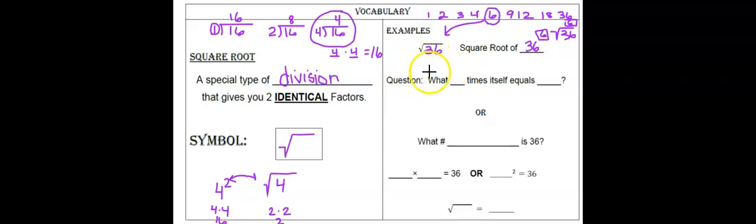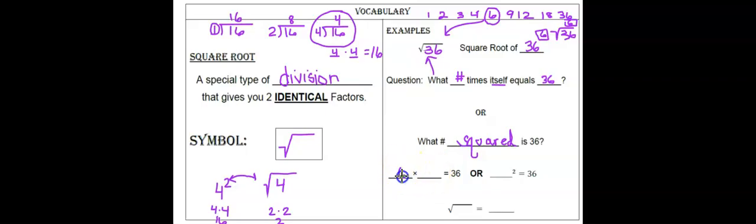So the question, when you see this prompt with this little square root and a number underneath, you should be asking yourself what number times itself equals 36. Or you could say what number squared, that means times itself, using our new vocabulary with our exponent, what number squared is 36?